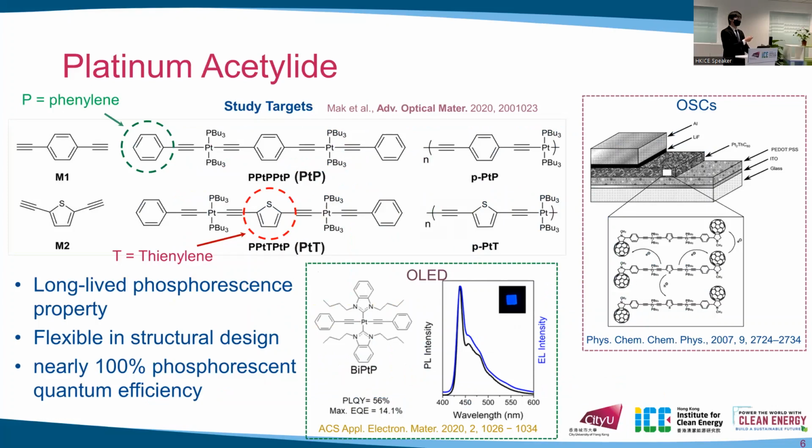My research study is focused on the pyrene and satellite. Why did I choose this kind of material? Because it has a long fluorescence lifetime, the structure allows very flexible design, and it has nearly 100% fluorescence quantum efficiency.